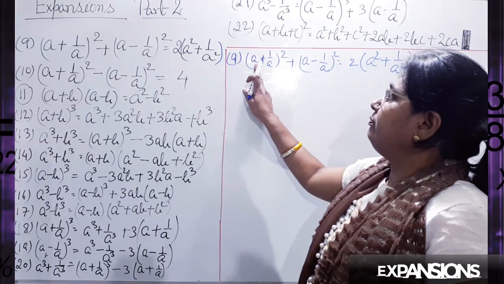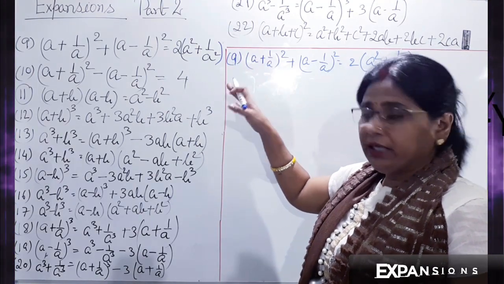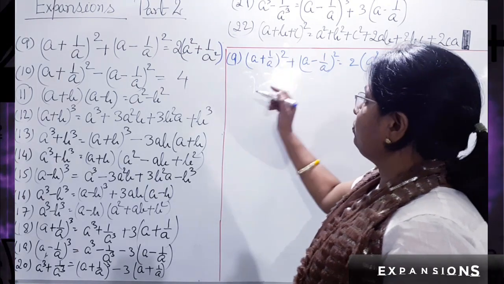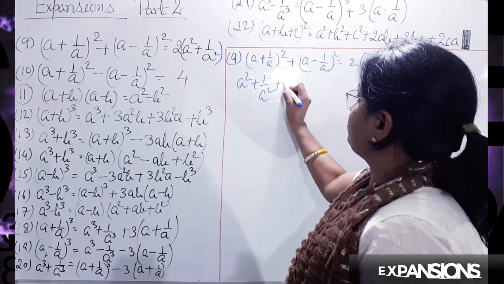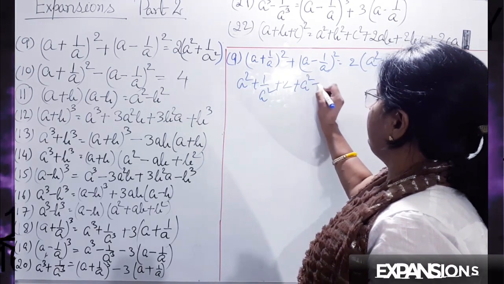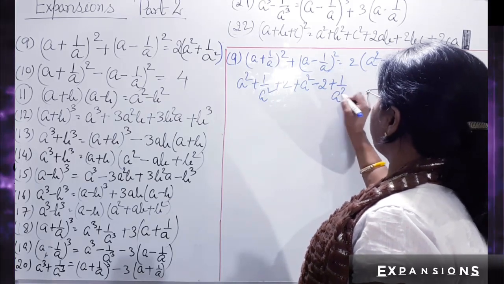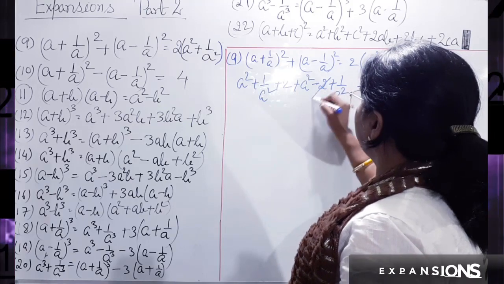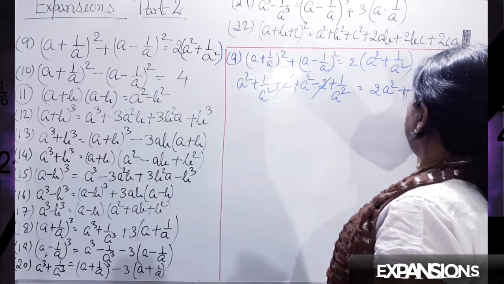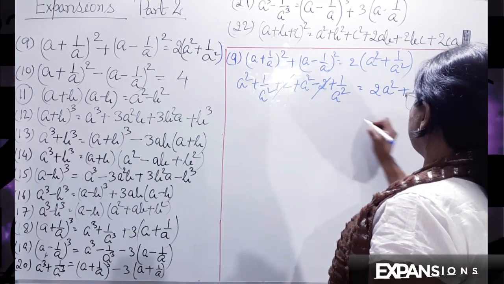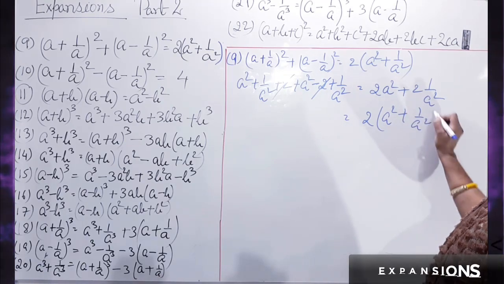Now again the same identity which in my previous video I had explained, (a + b) whole square. Like that, a square plus 1 by a square plus 2, plus a square minus 2 plus 1 by a square, is equal to 2 cancel and 2a square plus 2 into 1 by a square. 2 is common, a square plus 1 by a square.